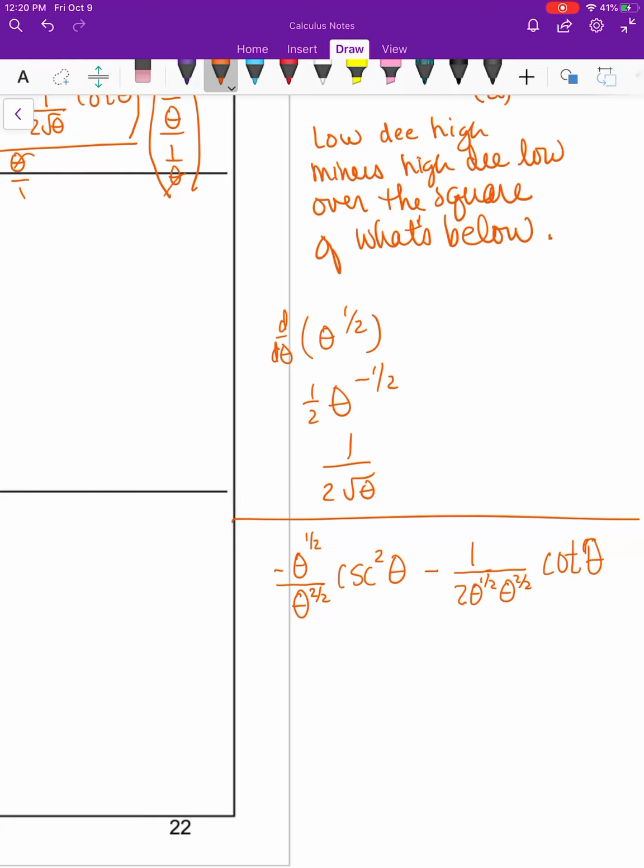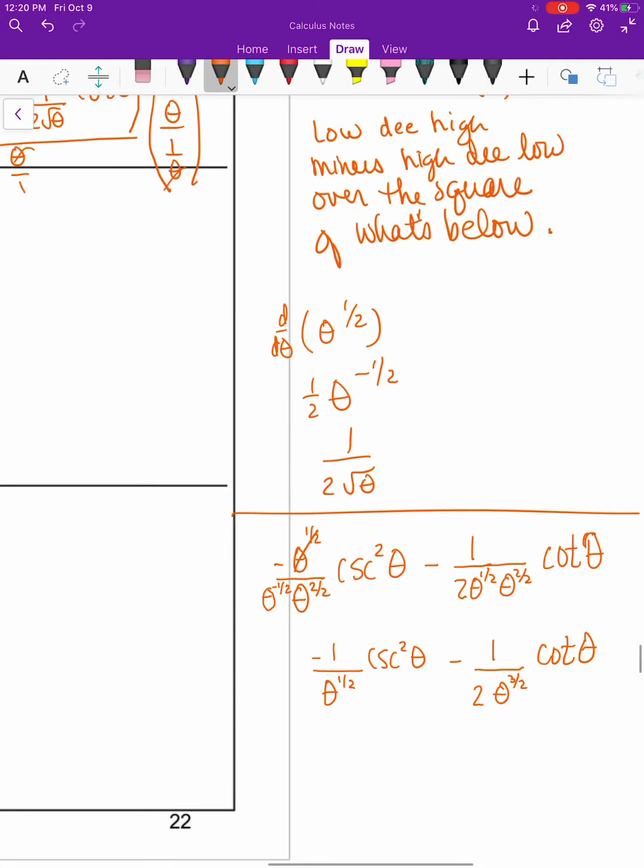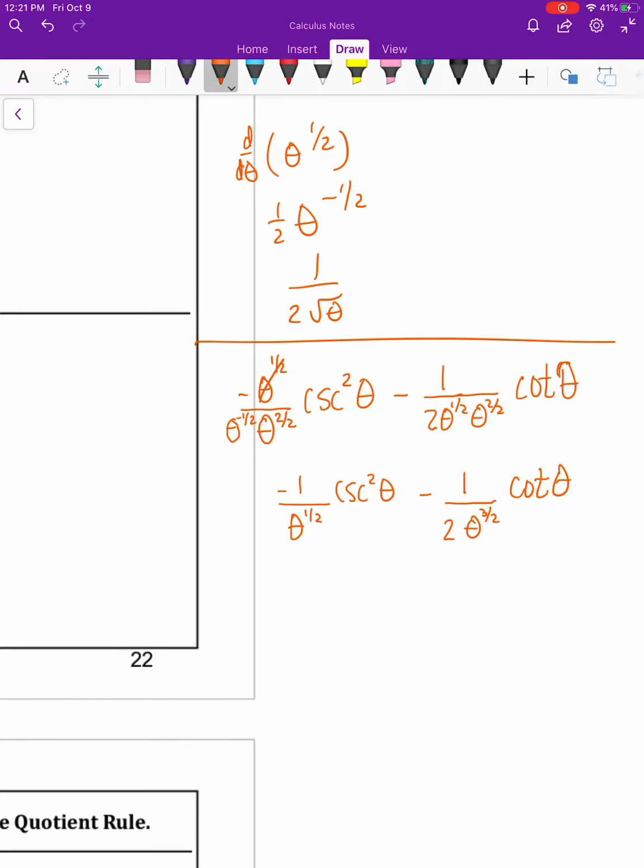So if I bring my 1/2 down, it's going to become 1/2 in the denominator. So this would be negative 1 over theta to the 1/2 cosecant squared theta. This one's going to be negative 1 over 2 theta to the 3/2 cotangent theta. So now, common denominator, right?